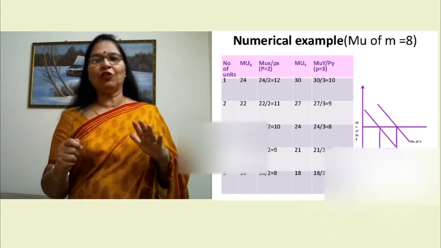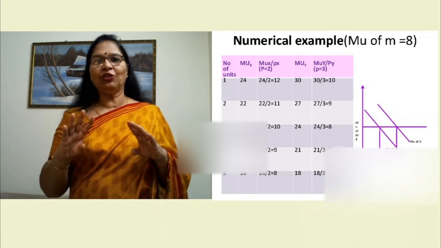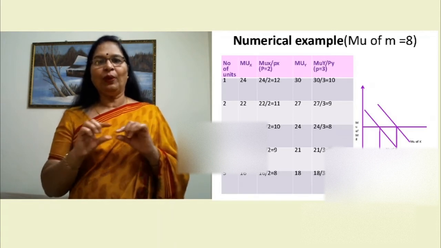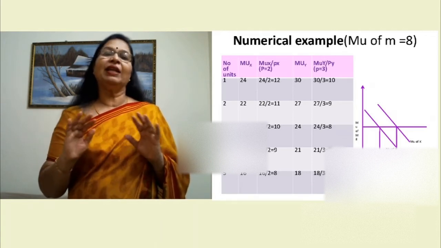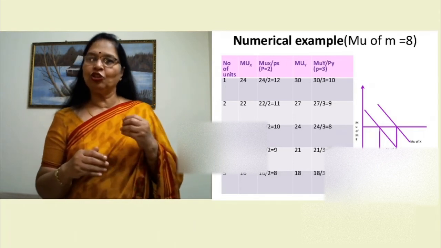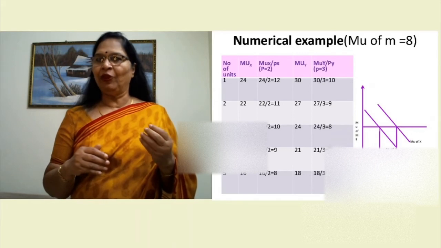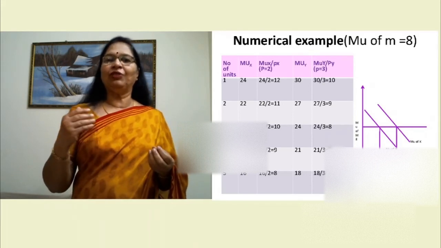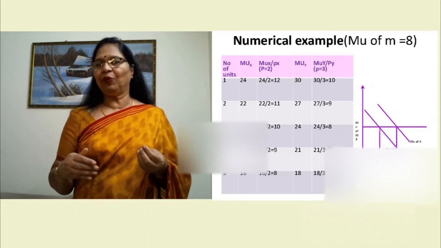So 5 units of commodity X and 3 units of commodity Y, with the utility equaling 8, is the decision for the consumer, and the consumer will stop buying any more after 5 units of X and 3 units of commodity Y.